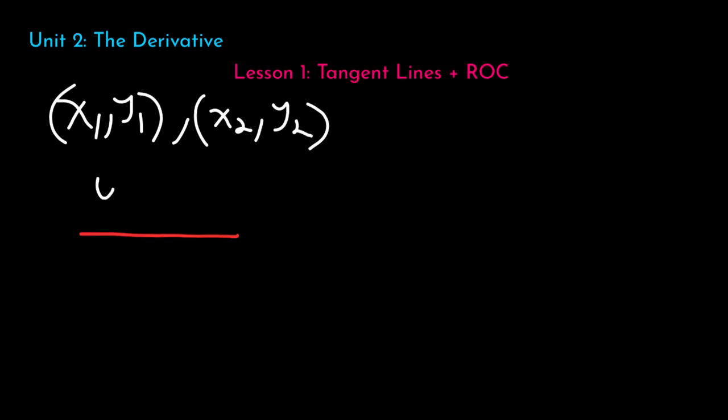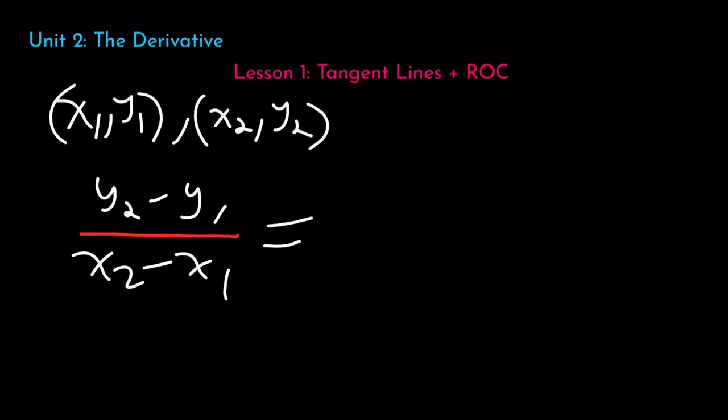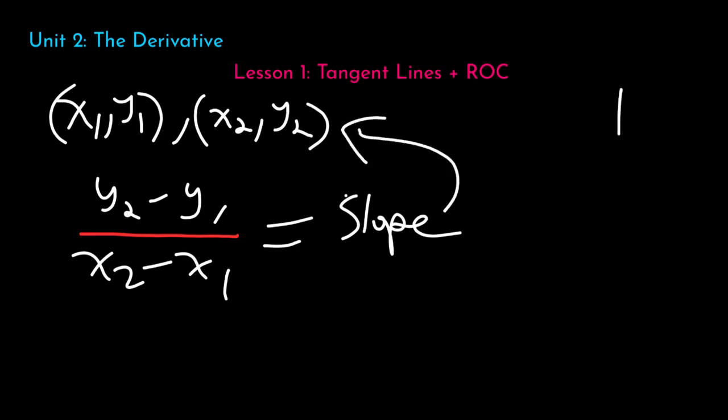So we're going to have our y2 minus y1 over x2 minus x1, and this is going to give us our slope from these 2 points. It's going to calculate our slope between those 2 points.